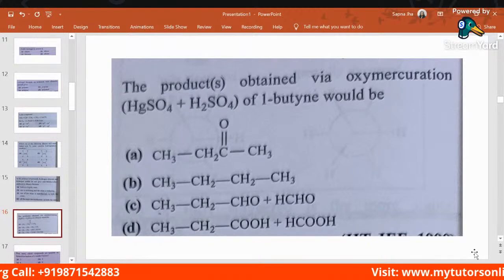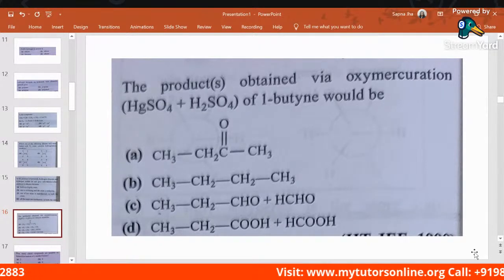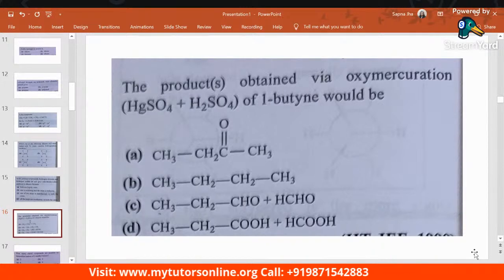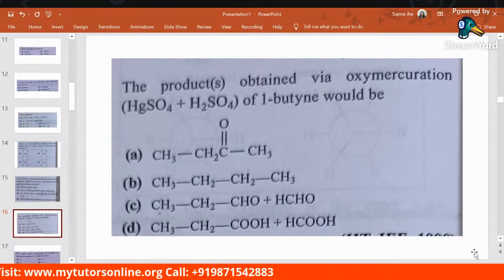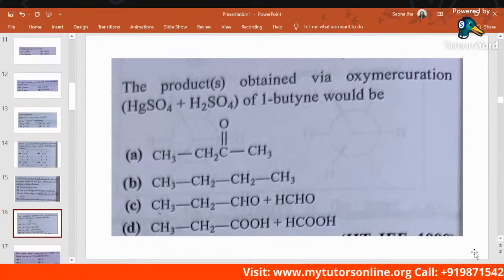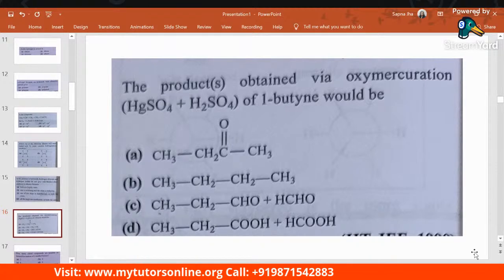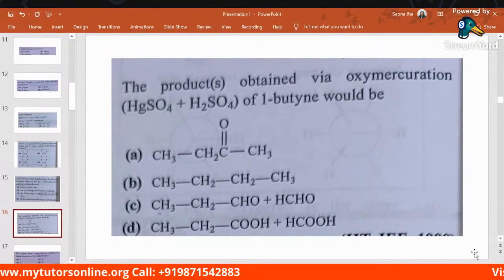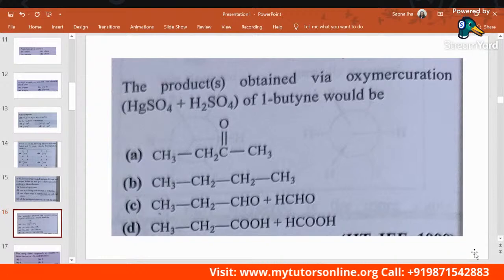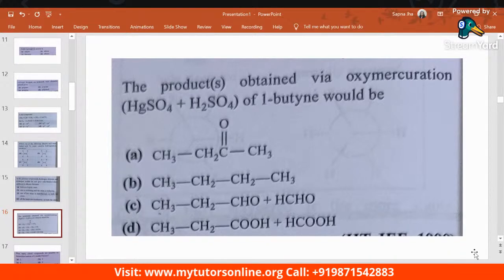These are very typical types of questions. Already you are preparing for JEE Main, so many times you must have seen these types of questions, this oxymercuration, hydrogen peroxide reaction, and all. These very typical questions are asked every time. So what happens when 1-butene reacts with HgSO4 and H2SO4? What is the product formed via oxymercuration?